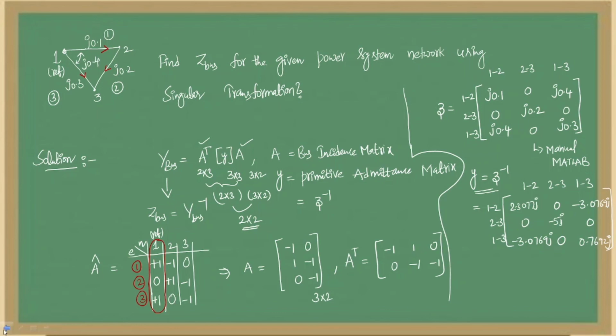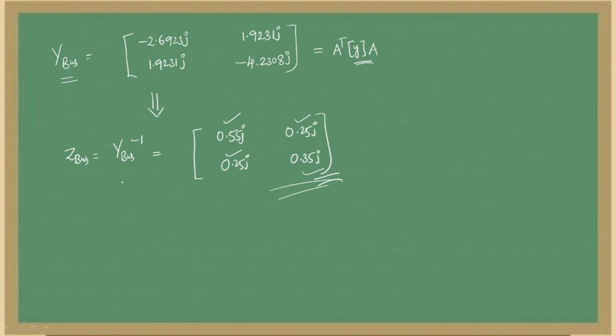Here if you observe, as in this power system network we have two buses, excluding the reference bus you have two buses. Dealing with a two bus power system network is very easy, and finding the inverse of Y bus to obtain Z bus is also easy. But when a practical power system is considered which has many buses, like you can consider a 33 bus system.